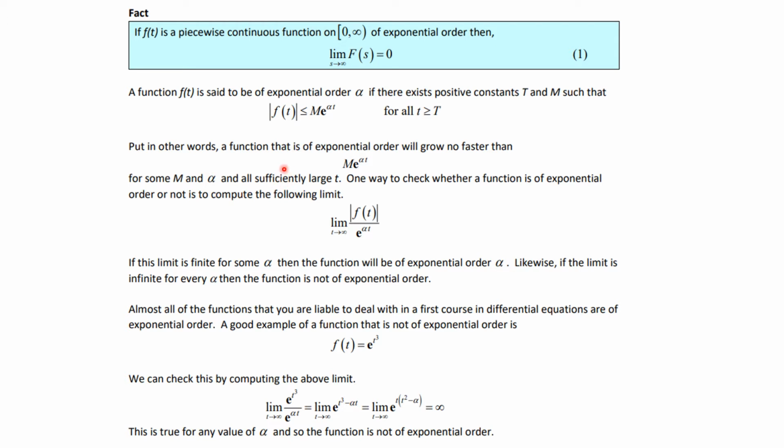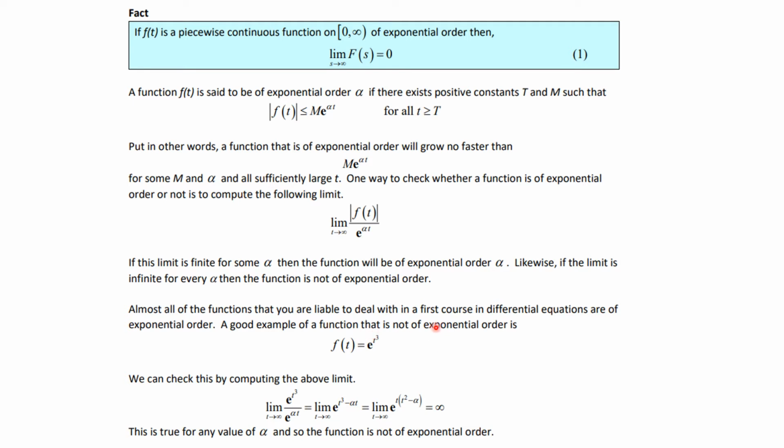That's pretty much what this says: a function is of exponential order if it grows no faster than this for some M and alpha and sufficiently large t. One way to check is to compute this limit. If it's finite for some alpha, then it's of exponential order alpha. Otherwise, if it's infinite for every alpha, then it's not of exponential order.